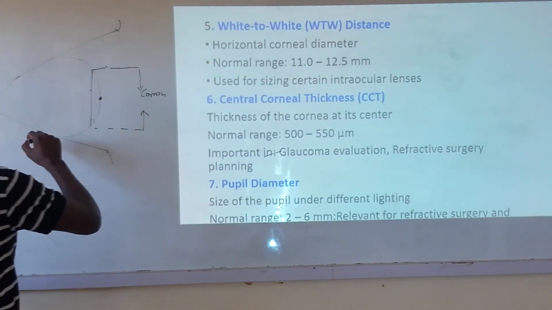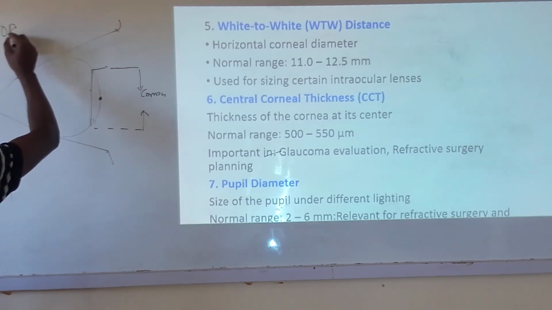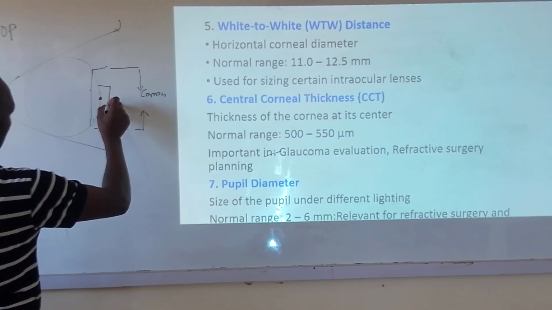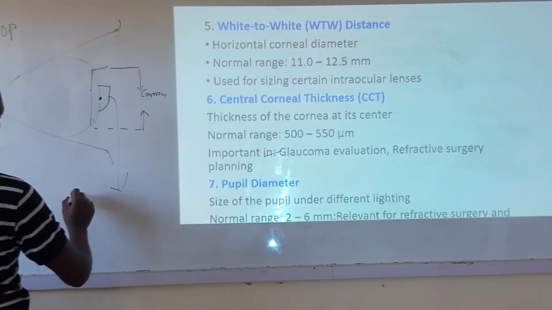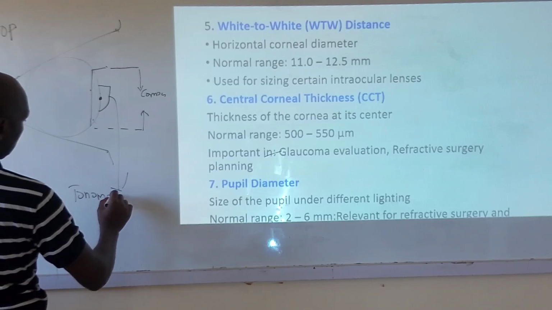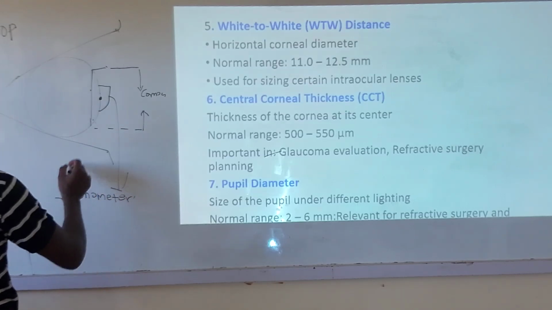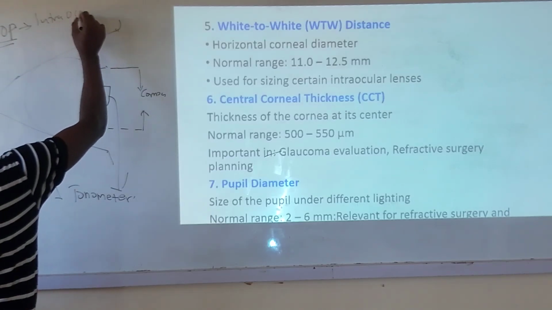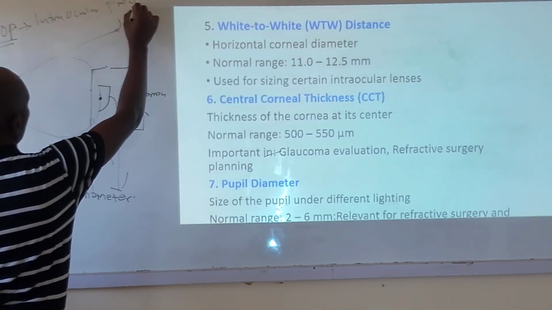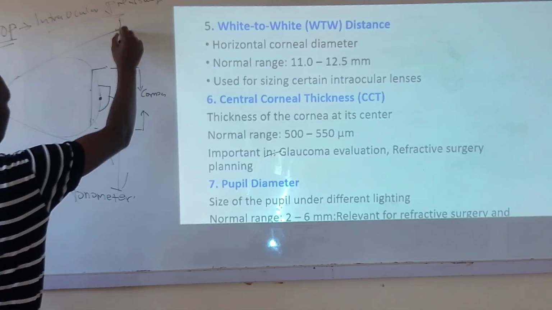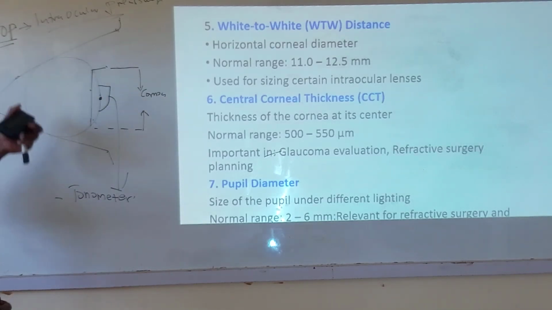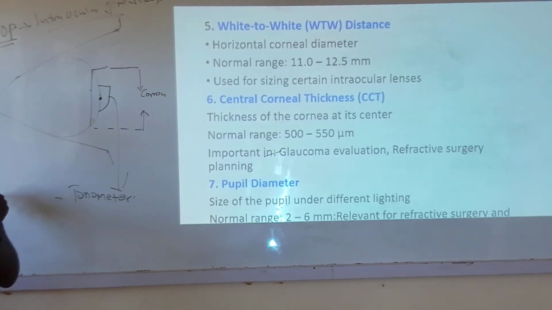So when you are measuring the intraocular pressure, IOP, the applanated tonometer is normally pressed here. The tool that is used to measure intraocular pressure is called tonometer.